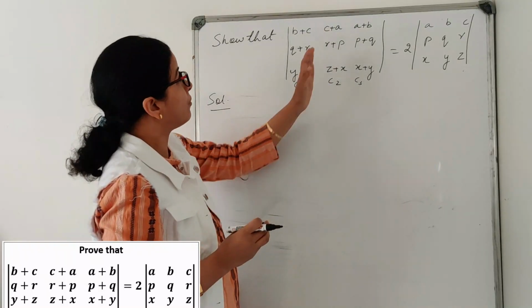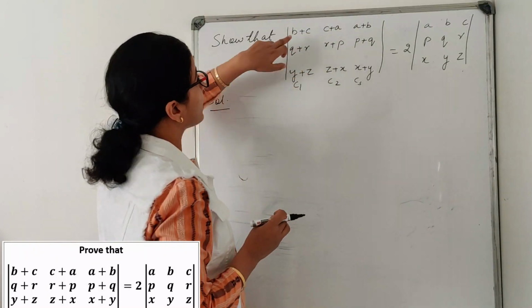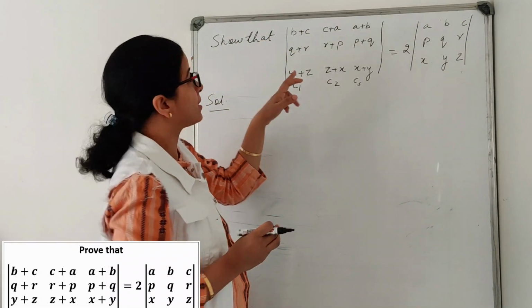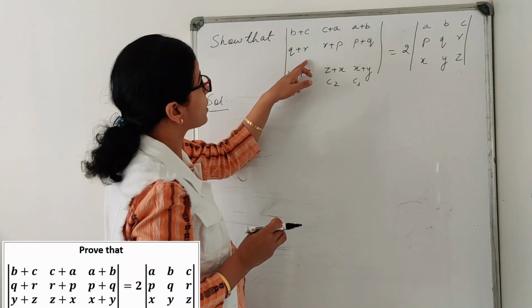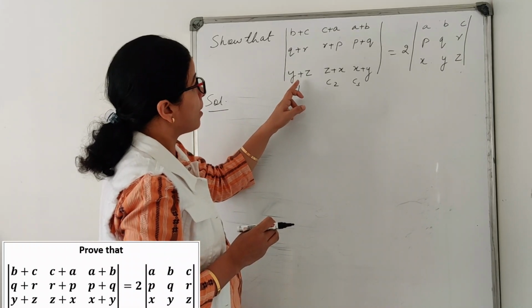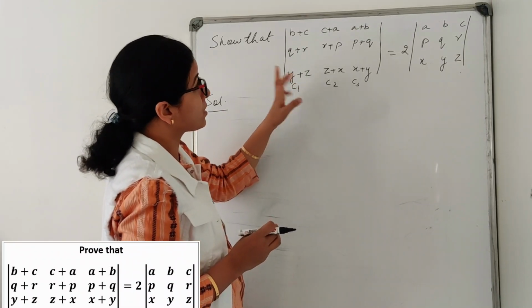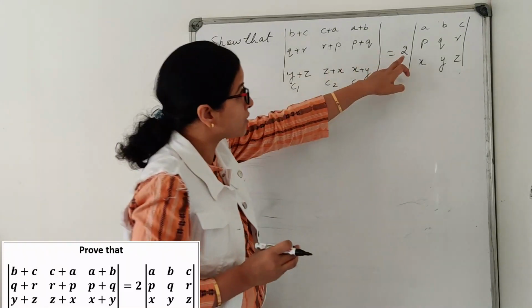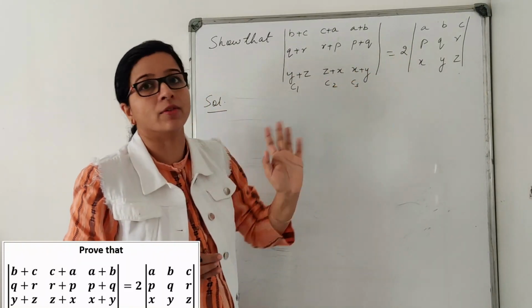Okay, and if I add all these columns, I will get here 2a plus 2b plus 2c. Similarly here 2p plus 2q plus 2r. Here 2x plus 2y plus 2z. Okay, and then I will take out 2 common from there. So at least one part from the right hand side is done for me.